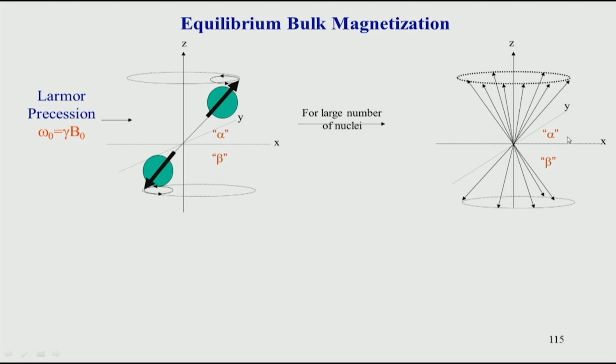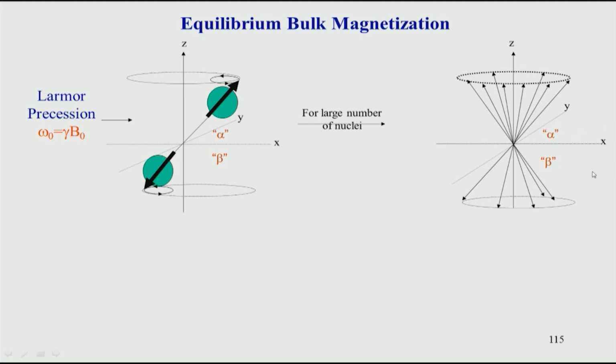Now similarly, if you have the alpha state, you have spins pointing this way, and in the beta state the spins are pointing downwards. So, what if you do a vector addition and subtraction? We saw that in the xy plane, if you take a projection of this vector in this direction, there will be something else which will come in this direction, so they will cancel each other.